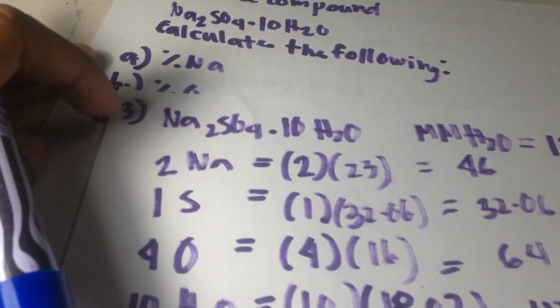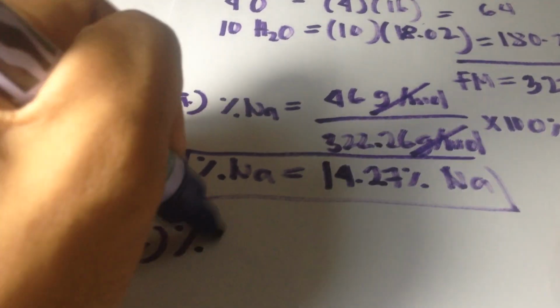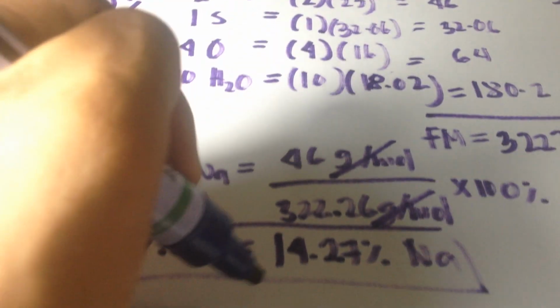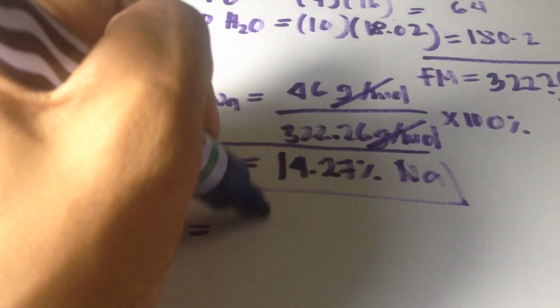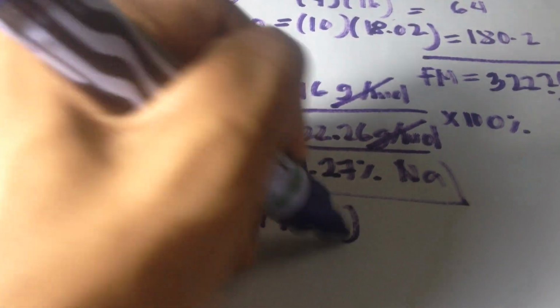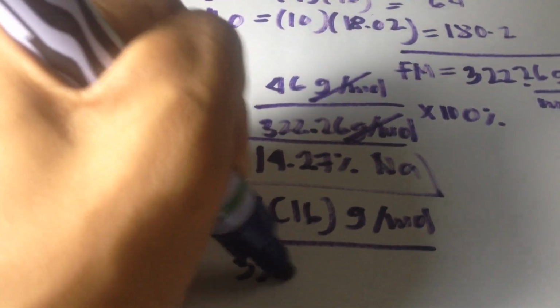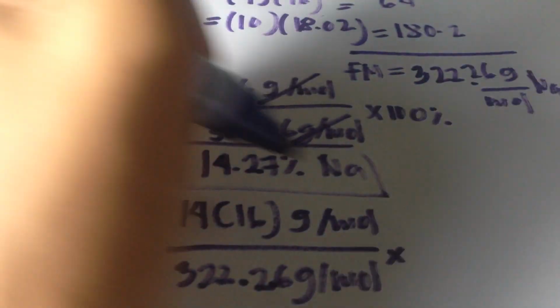Alright, and letter B, percent of O. That is 4 plus 10, which is 14. So 14 times 16 grams per mole over 322.26 grams per mole times 100%.